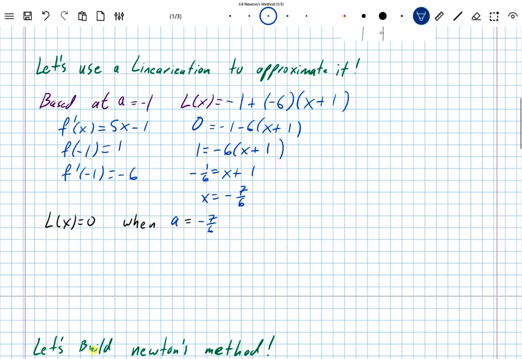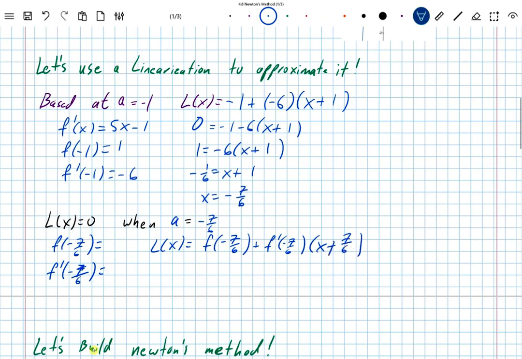So we could then play this whole game again and say, all right, in this case, f of -7/6 equals, and we could say f prime of -7/6 equals, and we could build L of x again. I'm intentionally doing this a little bit abstract for you. Okay, that would be my linearization, whatever those numbers are in there. And then I would ask, where is that equal to 0? And I would solve for x.